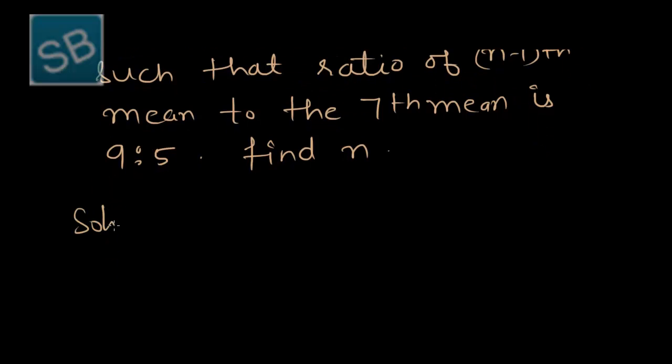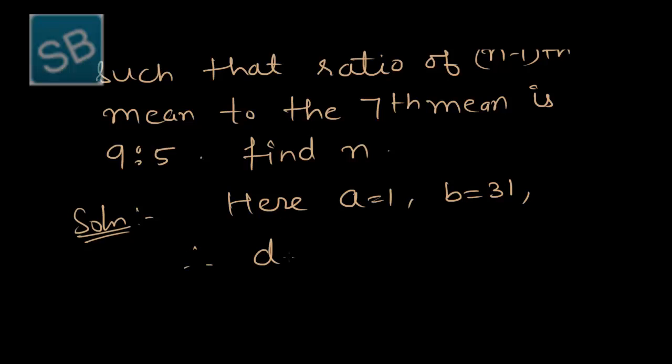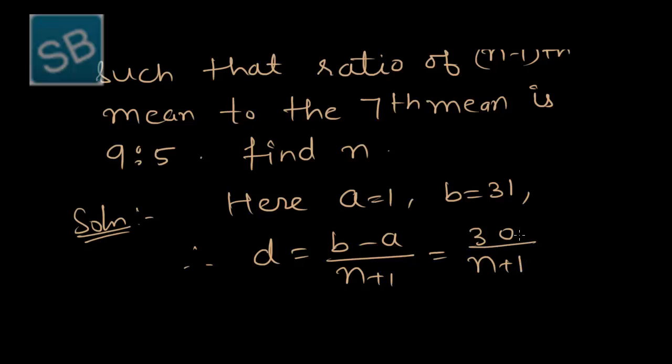So, first of all we have to find d. Here a is 1, b is 31 and n is n. Therefore, d is equal to b minus a over n plus 1, which becomes 31 minus 1, that is 30, over n plus 1.